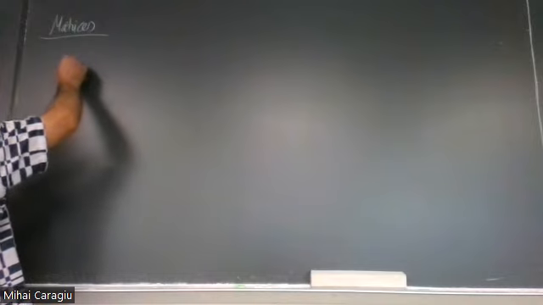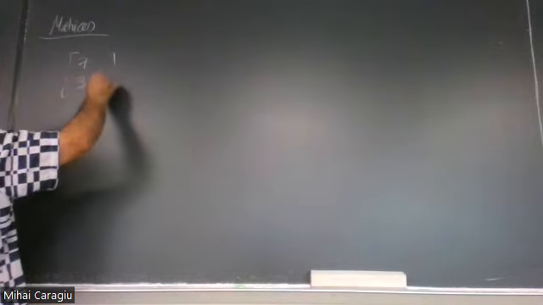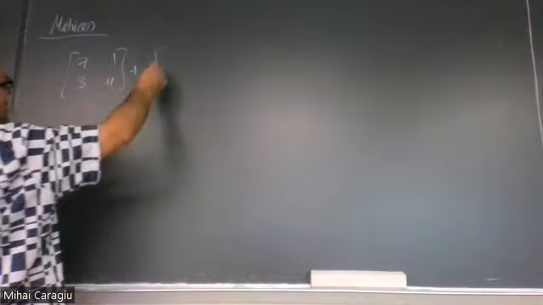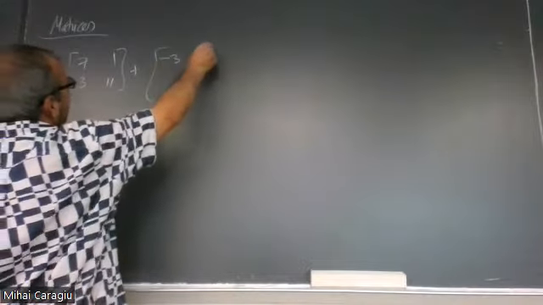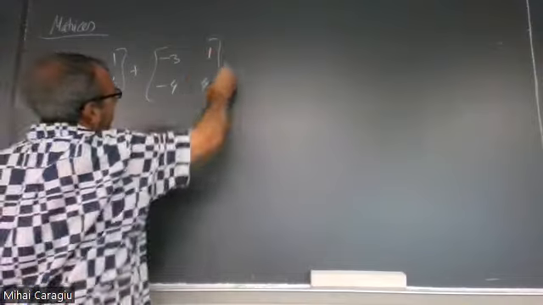Matrix addition: 7, 1, 3, 11 plus the matrix. We can only add matrices which are the same type, so the same number of rows and the same number of columns. So plus minus 3, 1, minus 4, 4. How to add? Add elements which are in similar positions.